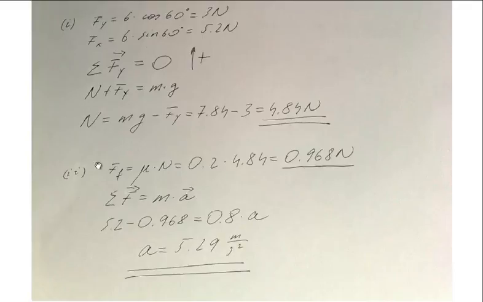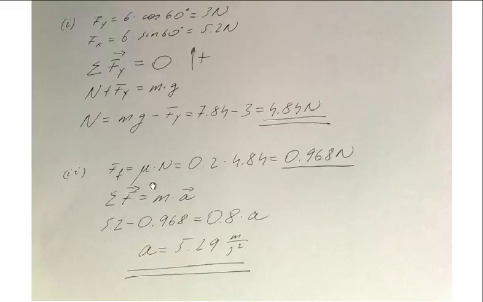The friction force is equal to mu times n. It's 0.2 times 4.84. It's 0.968 newtons.